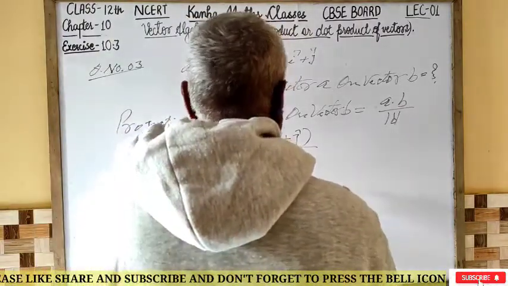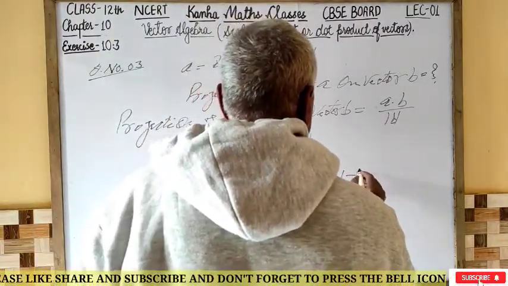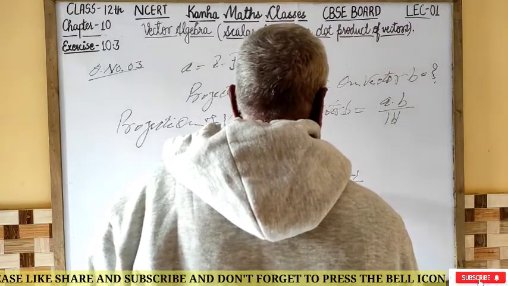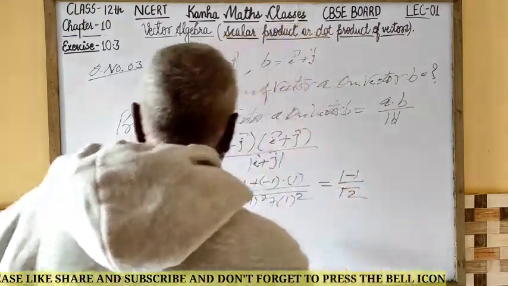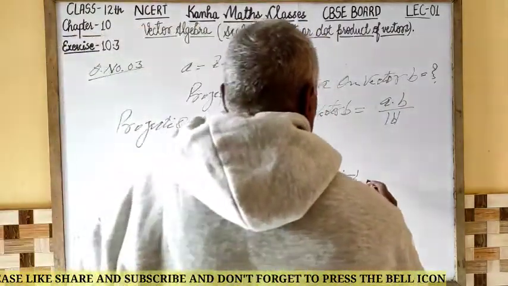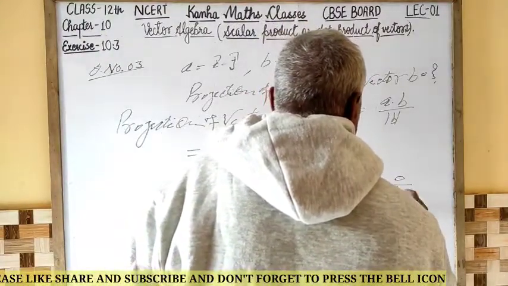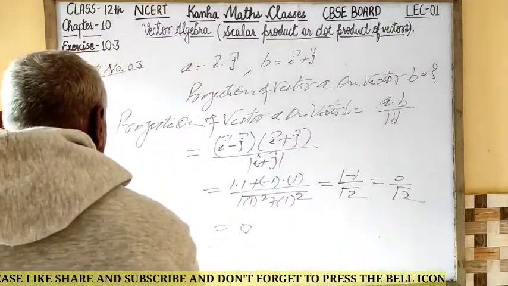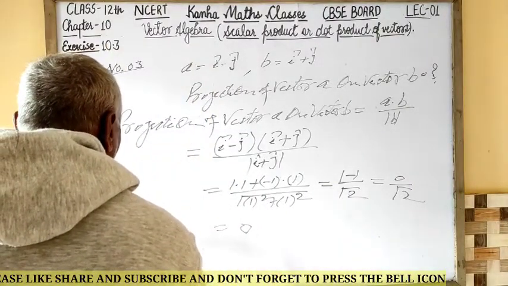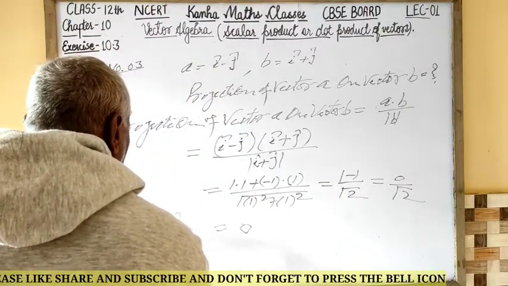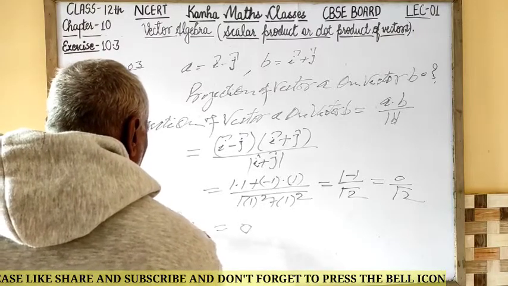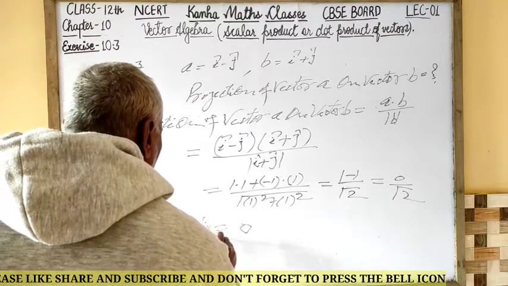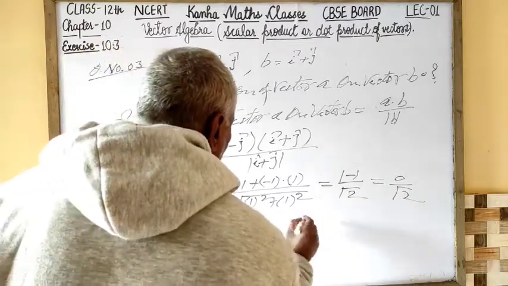Here 1 minus 1 upon root 2, or 0 upon root 2, or 0. Hence the projection is 0. That's all.